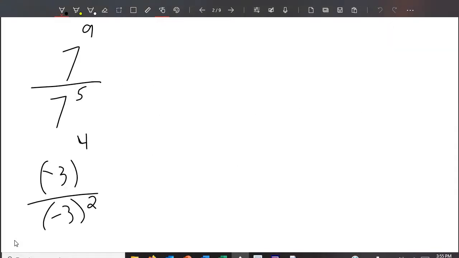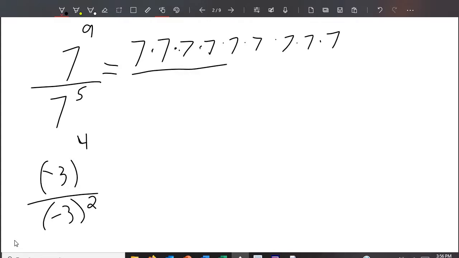Okay, so here's why we do that. If I were to expand this out in the top, 7 to the 9th power means I got 9 sevens up top. And 7 to the 5th means I have 5 sevens in the bottom.